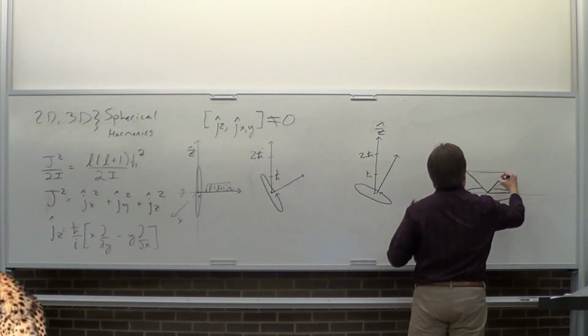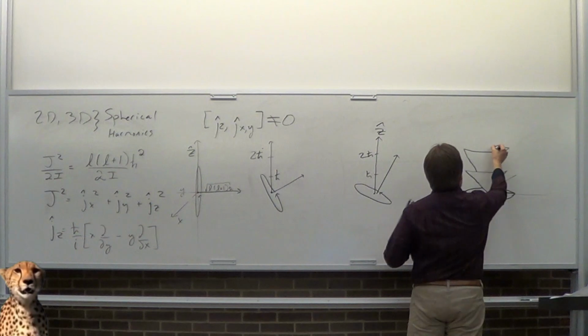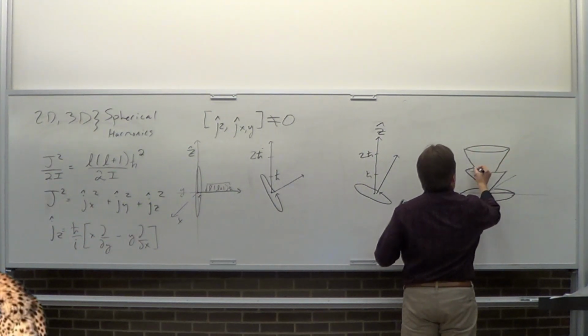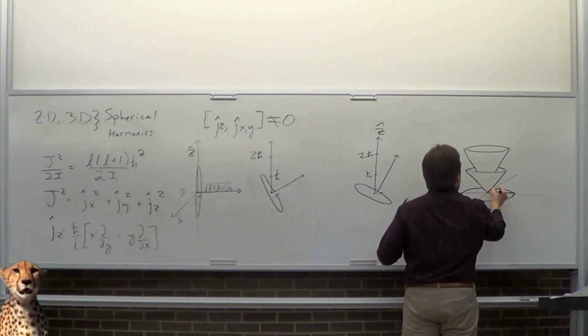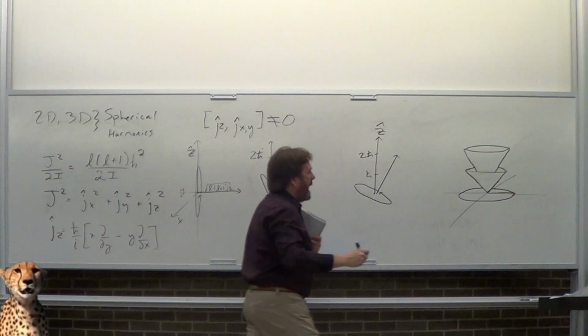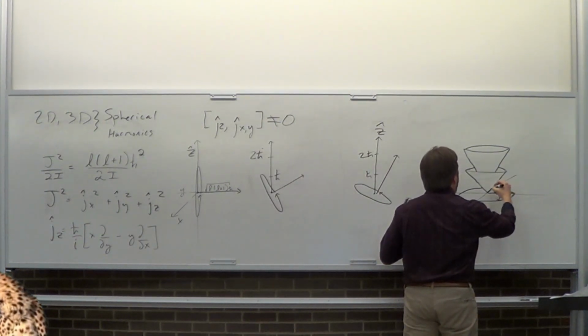Okay, so this is like h of 1 and then h of 2. Looks kind of like that. I have to think about what order I draw these in, obviously. There we go. All right, so there you go. Now, the j vector is right here. This is the net j vector.